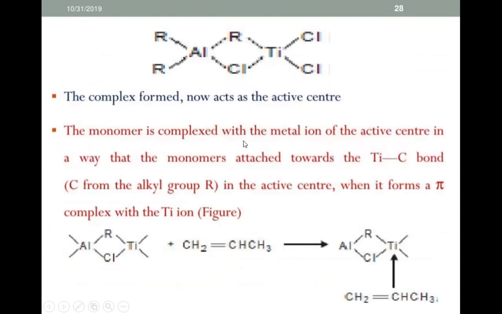Next, the monomer is complexed with the metal ion of the active center in such a way that the monomer attaches towards the titanium-carbon bond in the active center, where it forms a pi complex with the titanium ion.